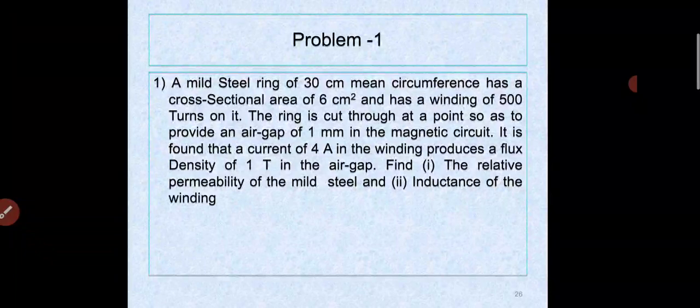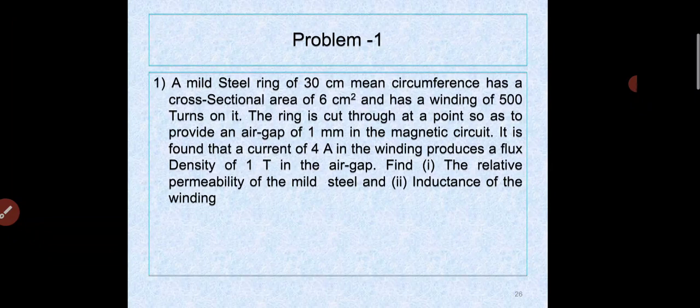A mild steel ring of 30 centimeters mean circumference has a cross-sectional area of 6 centimeters square and has a winding of 500 turns on it. The ring is cut through at a point so as to provide an air gap of 1 mm.